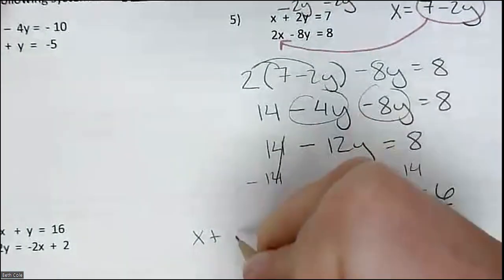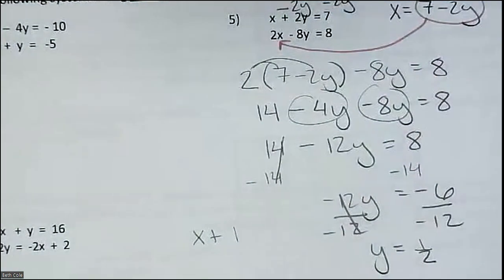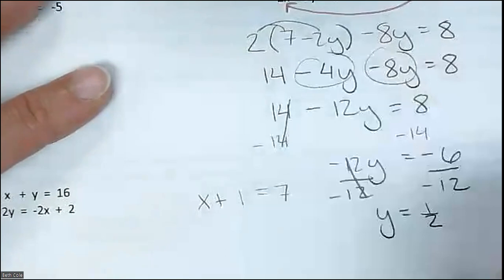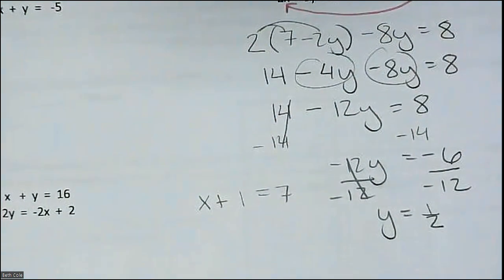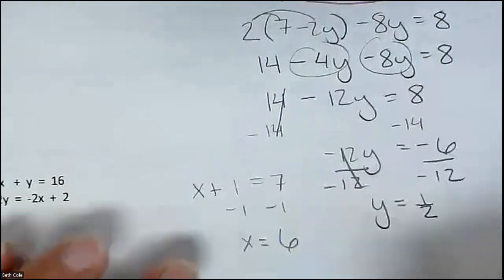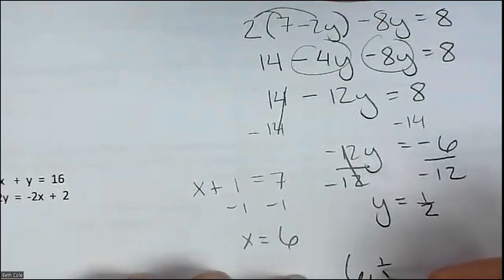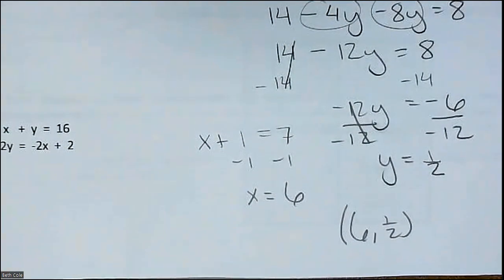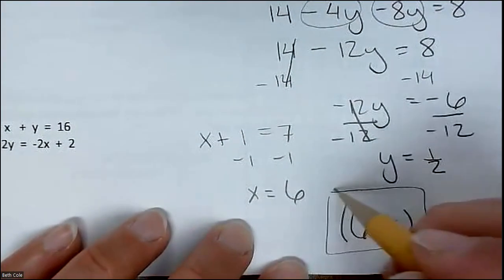Is 1. Good. If you have 2 cookies and you're sharing with a friend, you each get 1. Equals 7. So then what's x? 6. Good. Perfect. So 6 comma 1/2. And again, you should get that first from your calculator and then just go back and do the work.